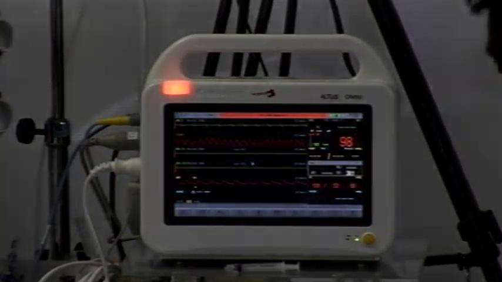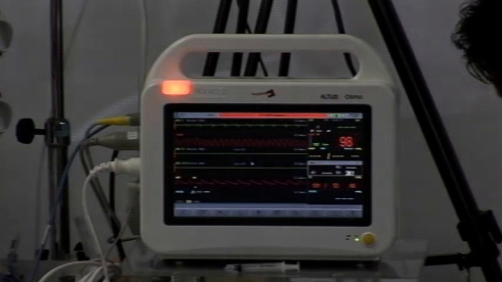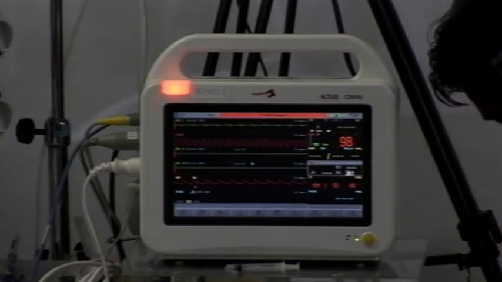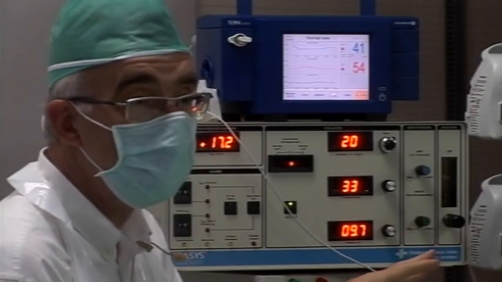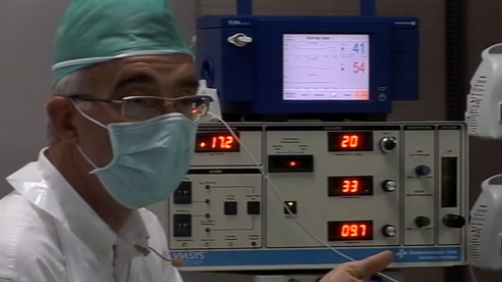Okay, you see a well visible chest vibration. Now we will see what's happening when we change the frequency. Again, I repeat, there is no reason in neonate to change the frequency, just for the fun.